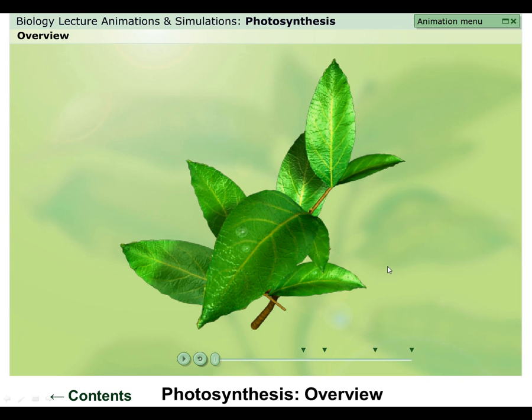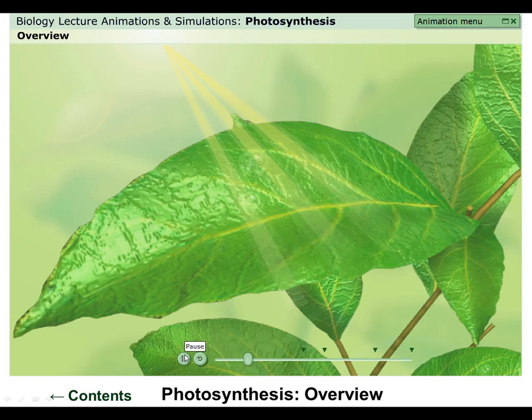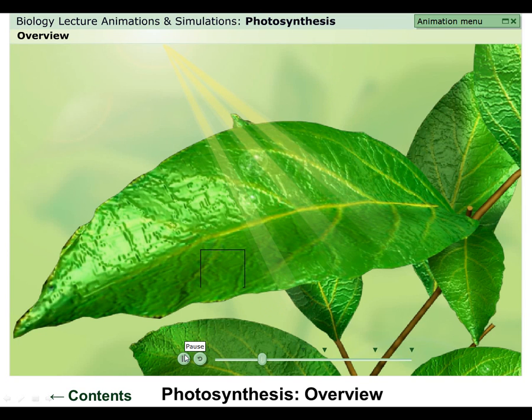Okay. Just a very simple overview animation of what's going to happen during photosynthesis. This is definitely showing a plant, but we know that these aren't the only organisms that can carry out photosynthesis. The photosynthetic organs or tissues tend to be the leaves of a plant, and they're there to capture, to just be bombarded with light photons.